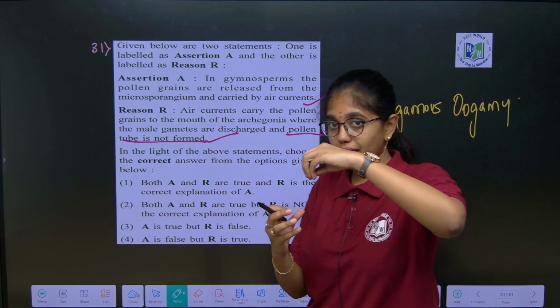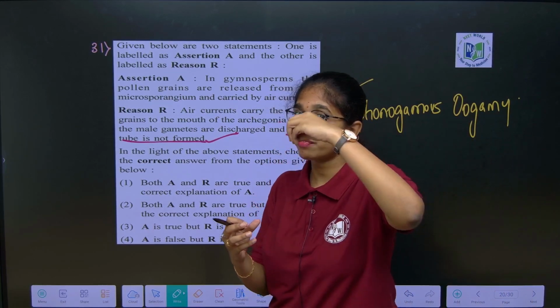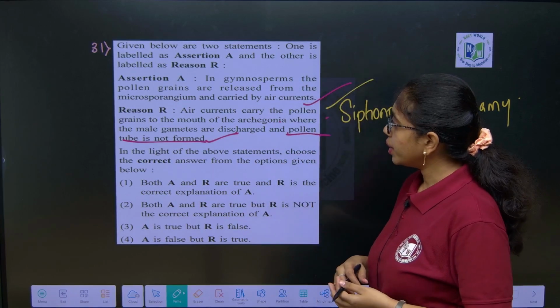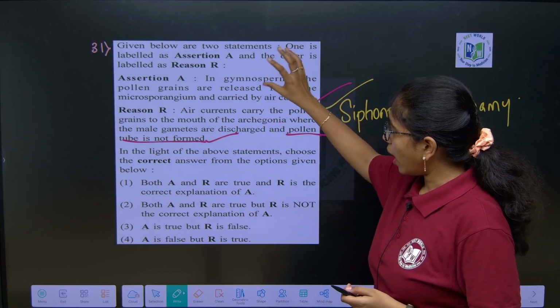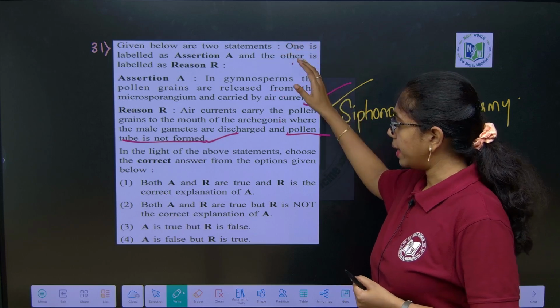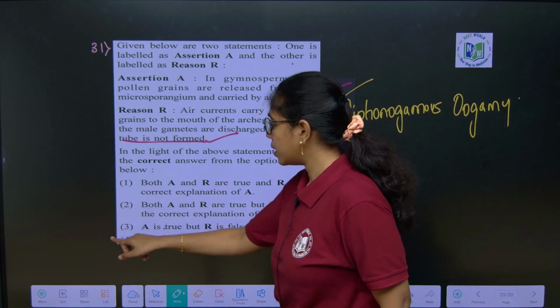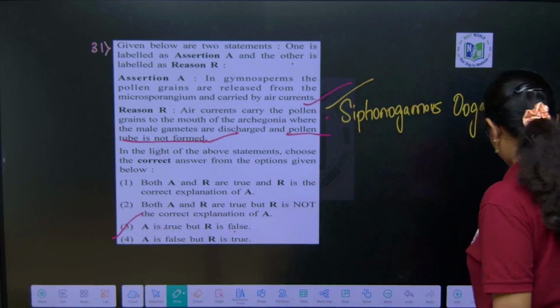Once the pollen grains are discharged at the mouth of the archegonia, pollen tube development takes place. So, here A is true and reason is false. Option 3 is correct, Nana.